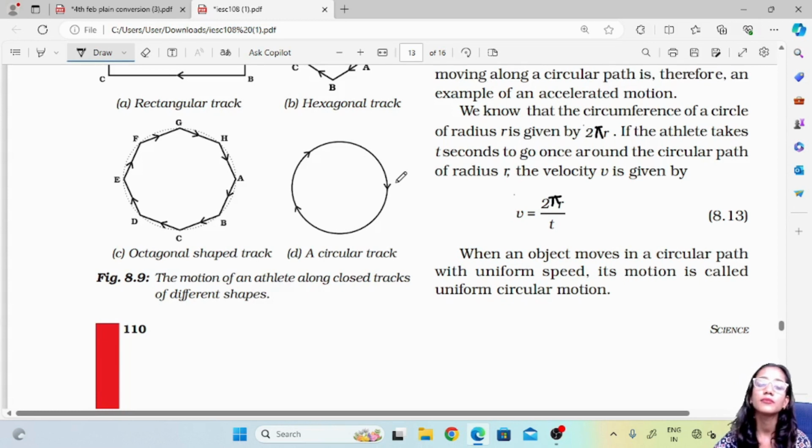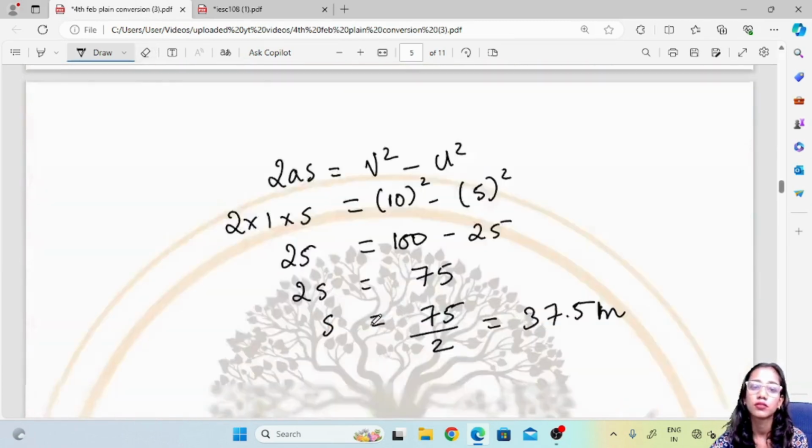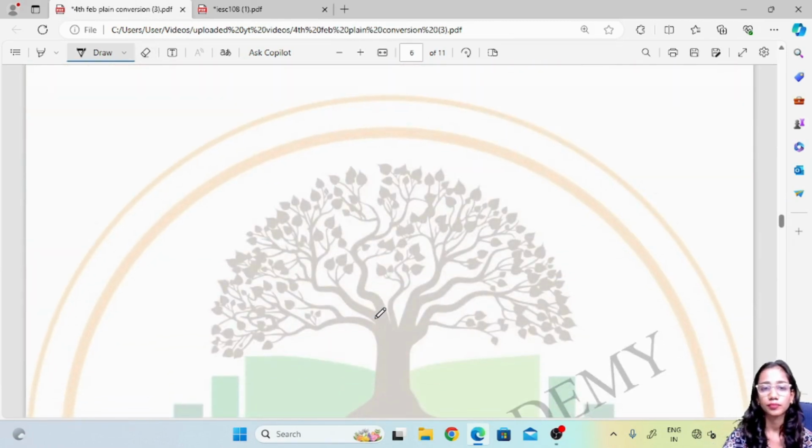We know that the perimeter of a circle will be the distance traveled by the object when it is in circular motion, which is the circumference of the circle, and the formula for circumference is 2 pi r. And we know that the formula for velocity is distance upon time with direction.